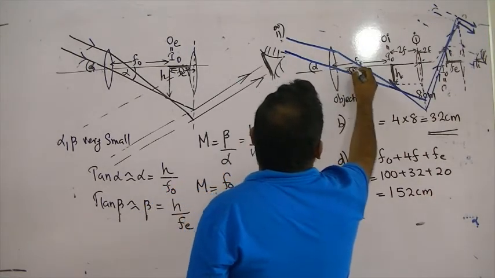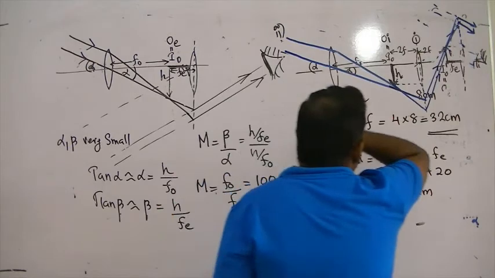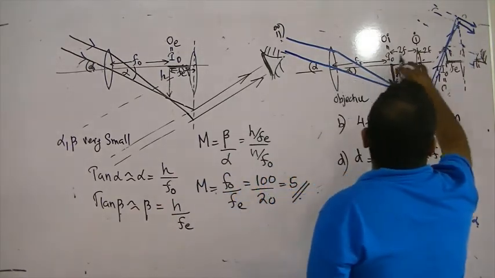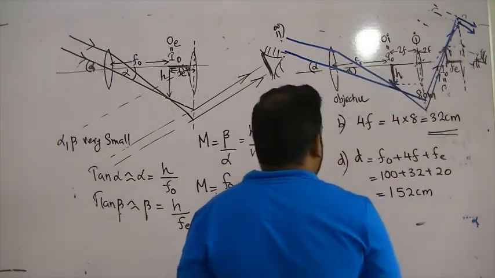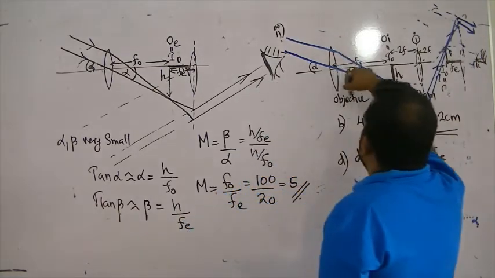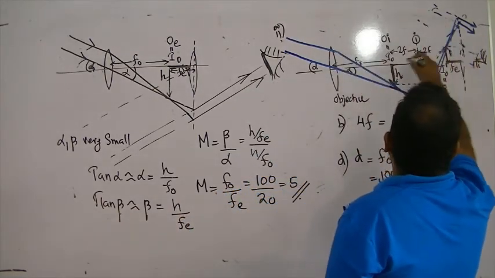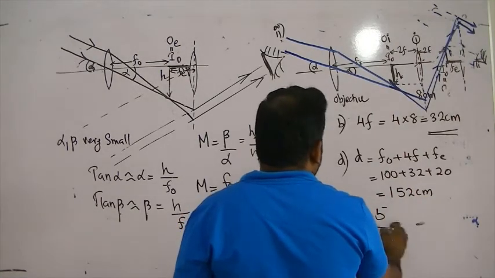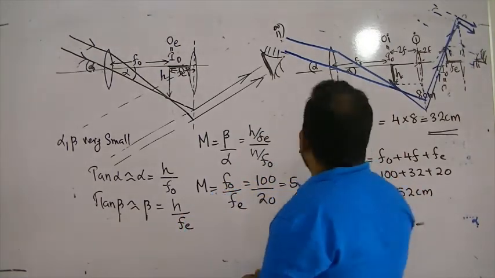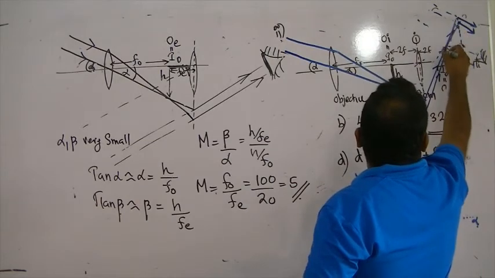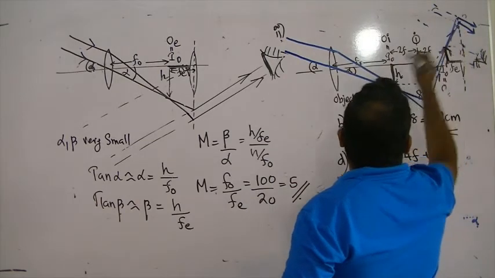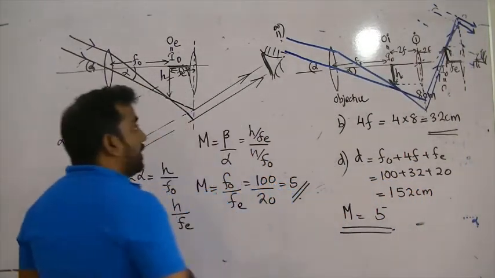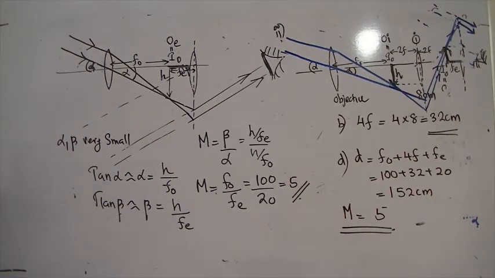Here alpha, here alpha. Here no magnification is taking place. So technically the magnification is the magnification of the objective. Magnification is the same, 5. Only the inversion is taking place. No magnification there. So the magnification will be the same.